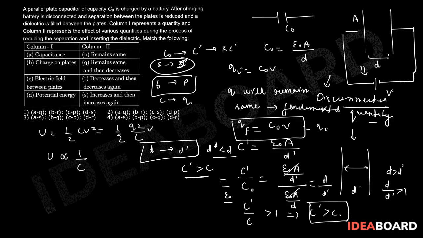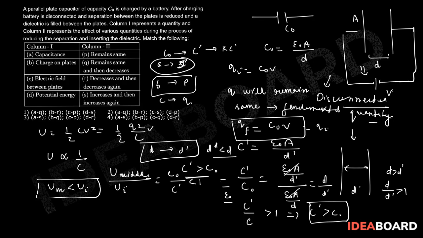So clearly, if that is the case, then this is the U middle. Middle means when D is changing to D dash. So U middle divided by U initial will be equal to C initial C naught divided by C dash, which is less than 1. That means U middle will be less than U initial. That means potential energy decreases. So first potential energy decreases.